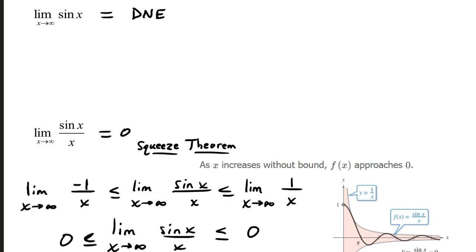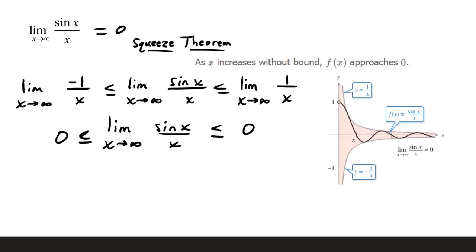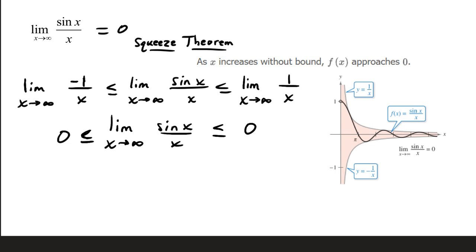However, when you take that sine function and give it a denominator of x, we're going to find out that this limit is 0. Let's investigate. At the bottom right of your screen, I've snipped in a portion of the graph of sine x over x.